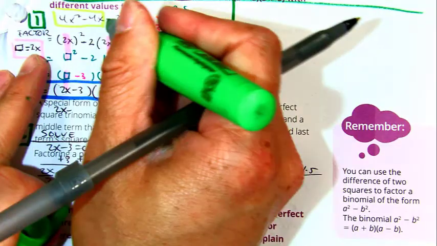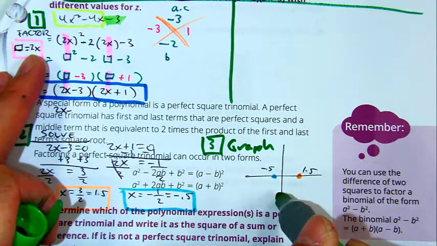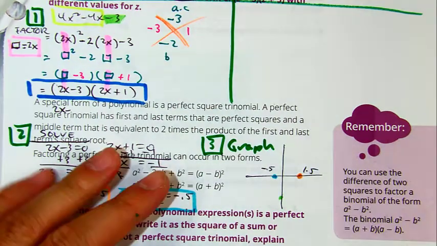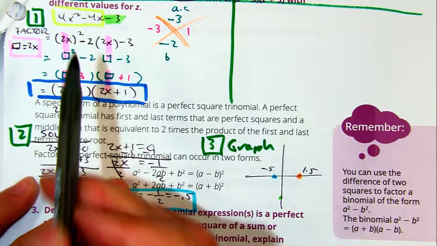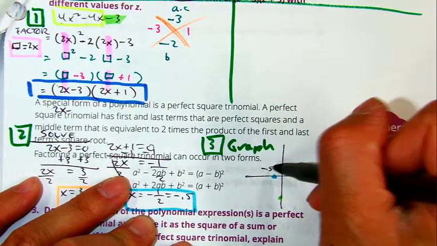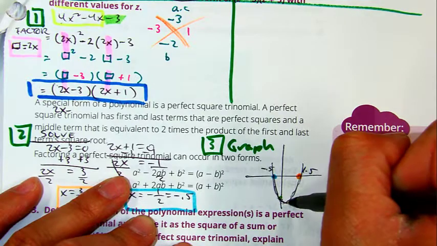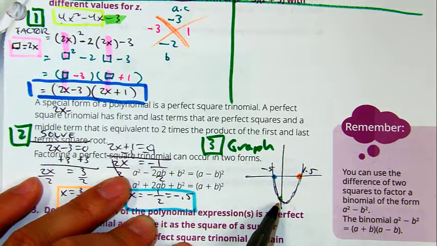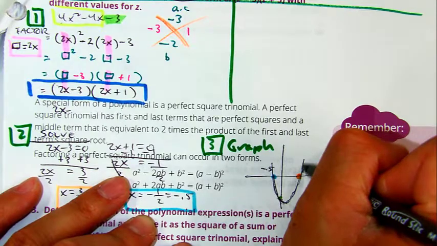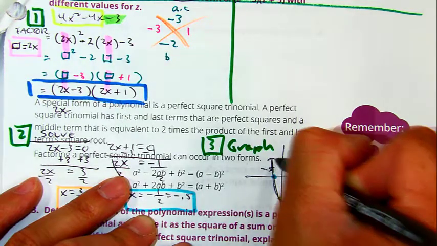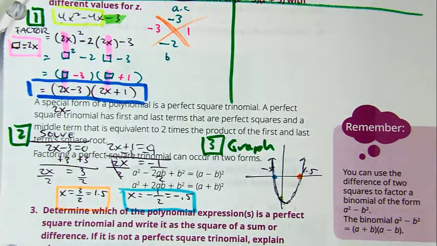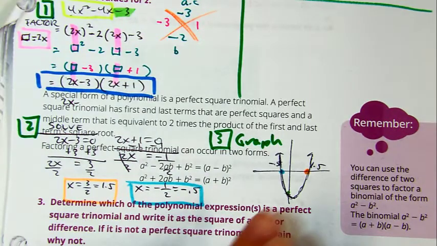This should help you reinforce that it's going to be opening up. My a value is positive. Remember, the y-intercept in this case is not your minimum. And your graph looks like this. Okay? So factor, solve, and graph.